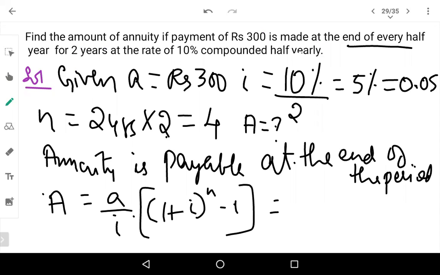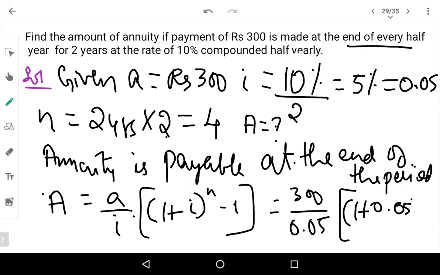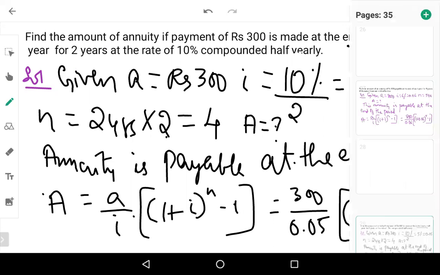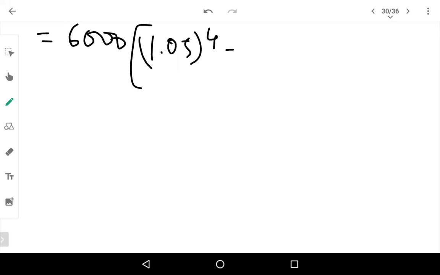So A is 300, 300 divided by 0.05 into 1 plus 0.05 to the power 4 minus 1. Okay, so let us simplify these values. So we will be getting 6000 into 1.05 to the power 4 minus 1.